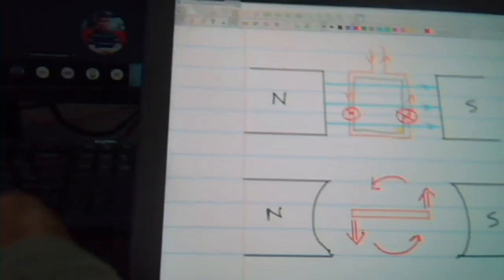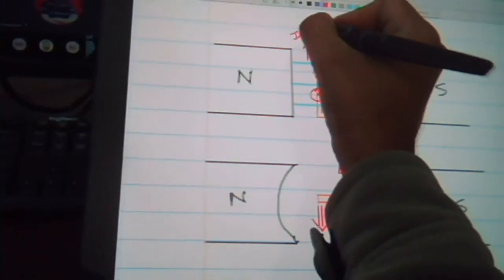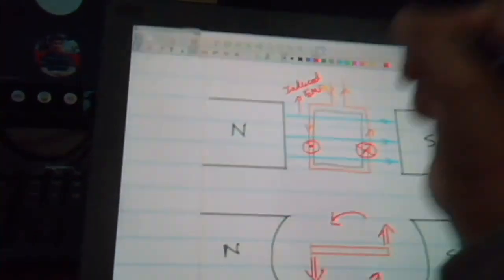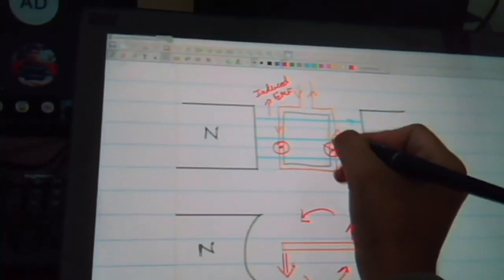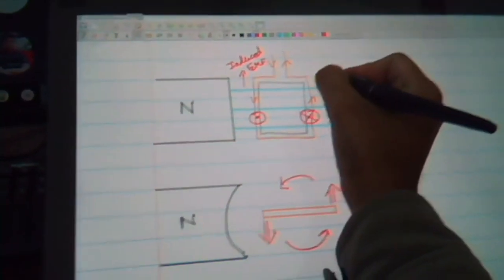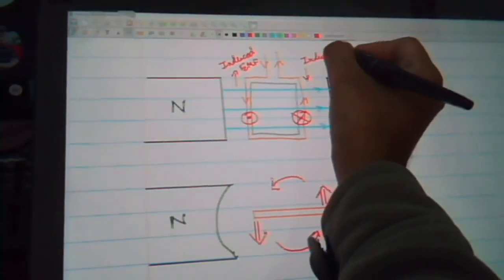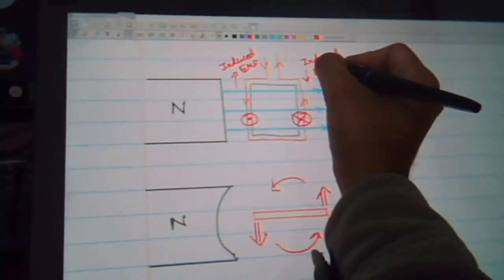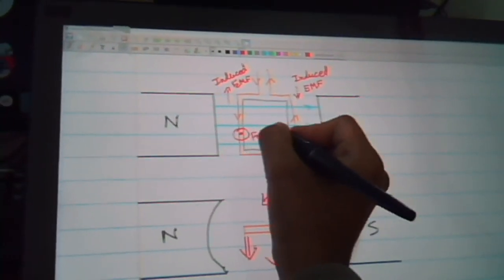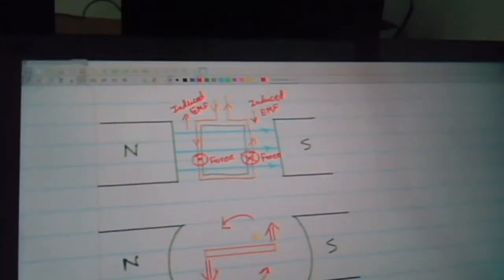So this is the direction of the induced EMF. In the same way, if you do the analysis on this side, you will get the induced EMF in the opposite direction. And this was the force.